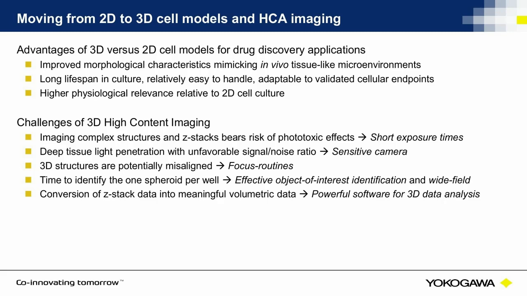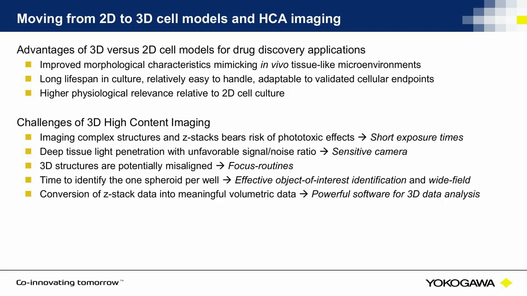Because of the increased complexity of the cellular architecture in the three-dimensional versus the classical two-dimensional model, more image planes have to be acquired. Instruments with improved focus routines help the researchers to obtain an optimal sample view in a shorter time. Usually, there is only one spheroid per well. If the imaging would be done at high resolution for the whole well, the acquisition time would be extremely long, resulting in many empty or blank images.